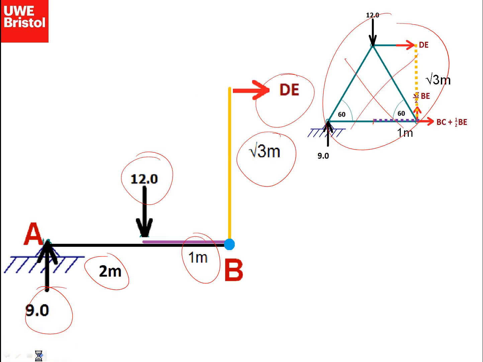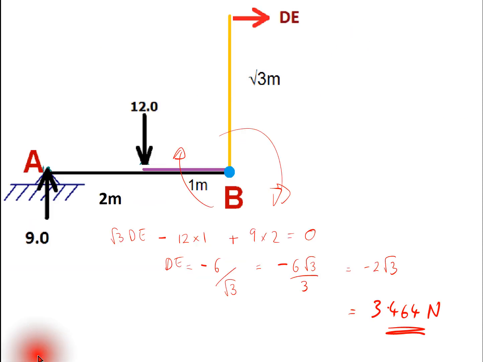Okay, then do this calculation. Let's just check everything's okay. DE times that should be a minus, and yeah, I've made a mistake there, minus.